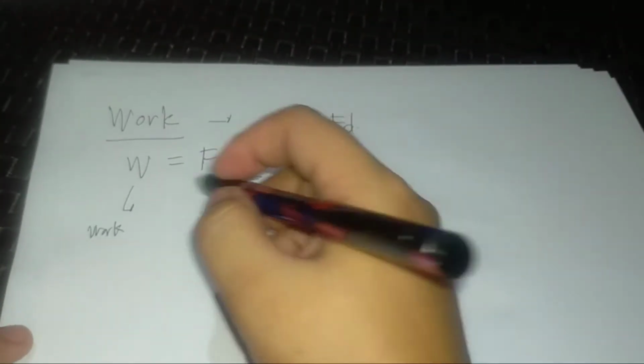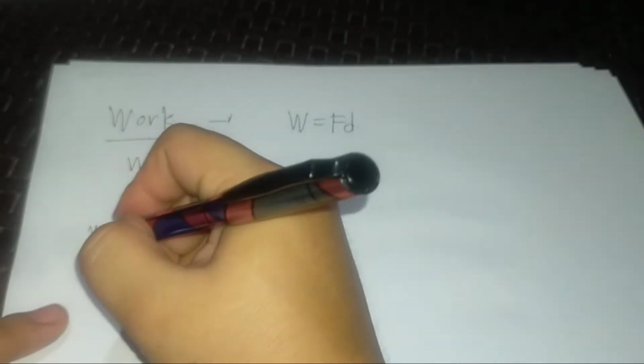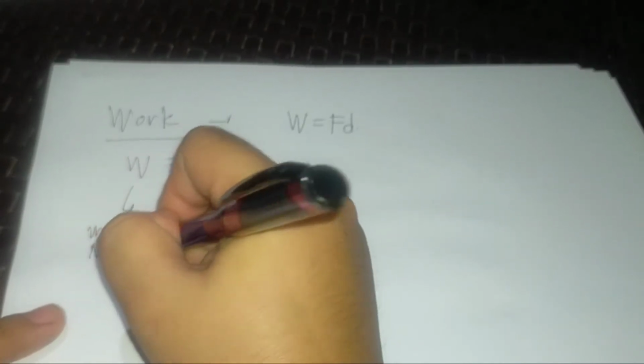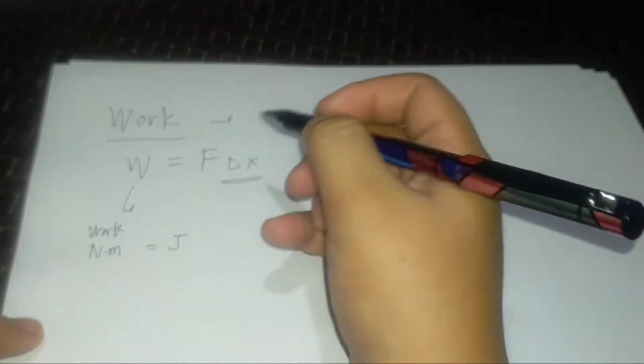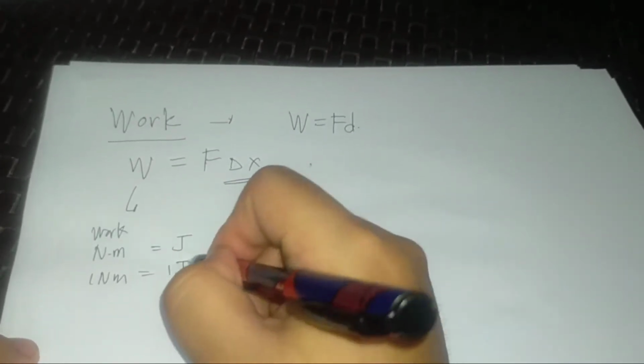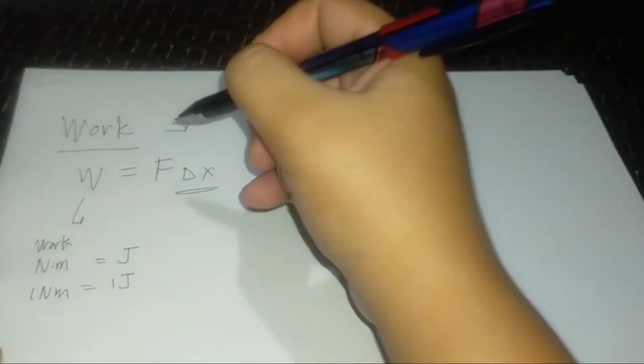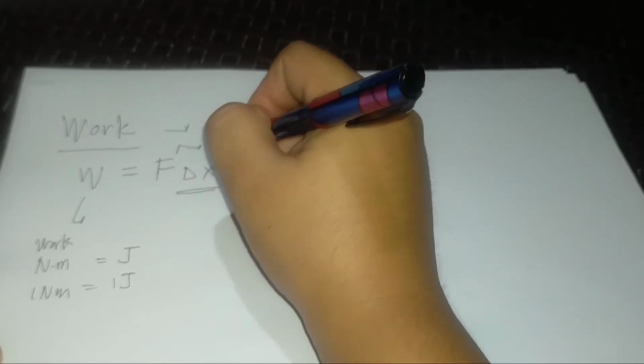Take note, W is the work and it is measured in Newton meter, or simply joule. So 1 Newton meter is equal to 1 joule. That is for work. Next, we already know what force is.